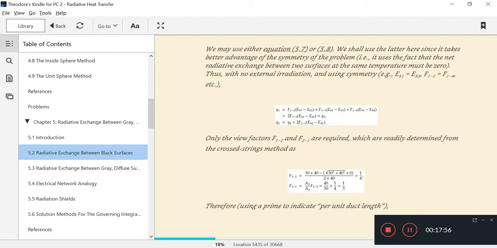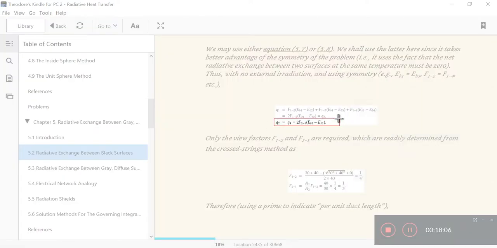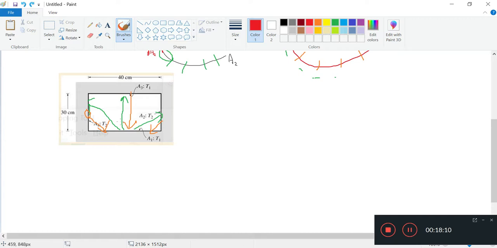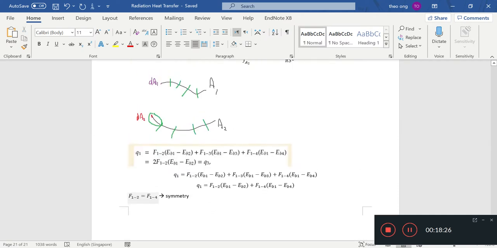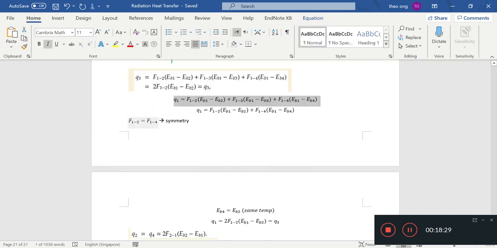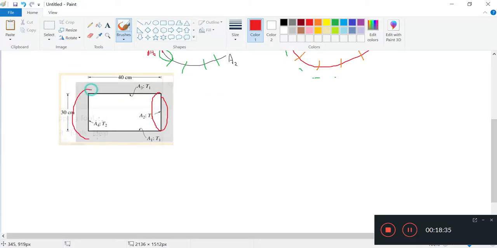Okay, so this is the cross strings method, and then we can do the same thing pretty much for Q2. If we want instead to determine the heat transfer from this surface, we go through the same process. So Q2 equals Q4. If we do all the same steps again, we list all these things out, and then we find out the heat transfer from here to here is 0.